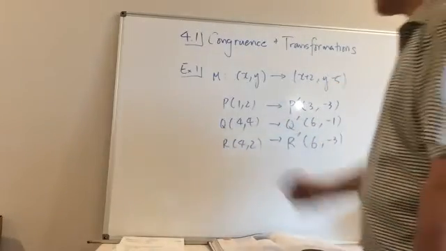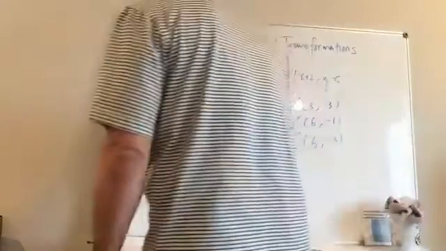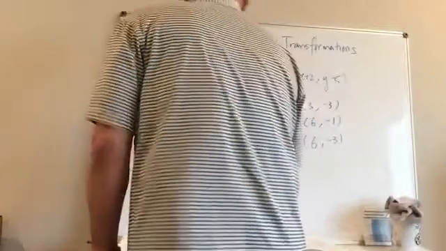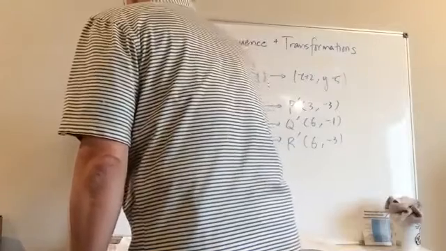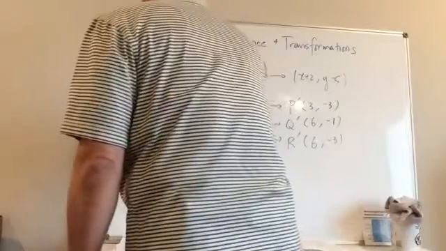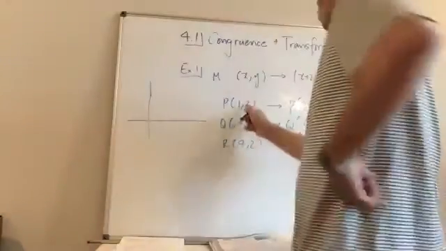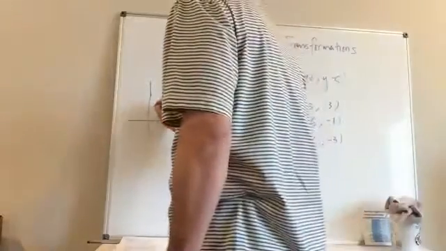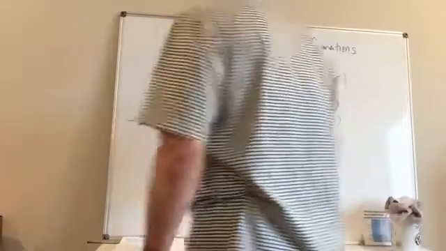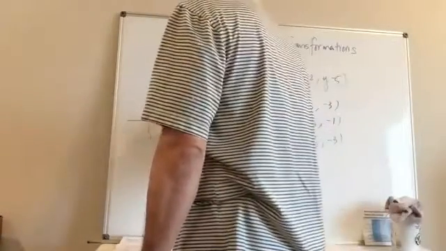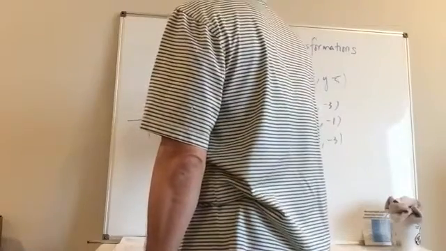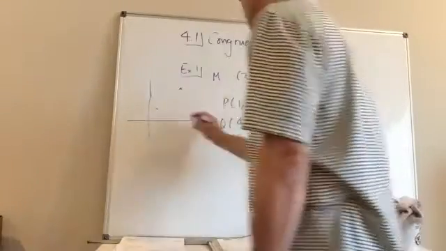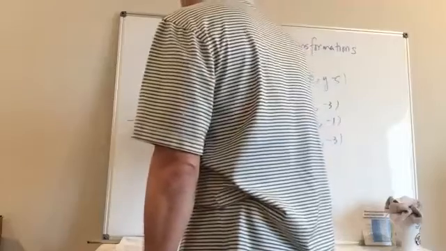Okay, so basically I had something that looks like this. So let's see if I can draw this. So I had 1, 2, call that P. Q was 1, that's 4. That's about there. Then I have R, which is 4, 2, which is right here.